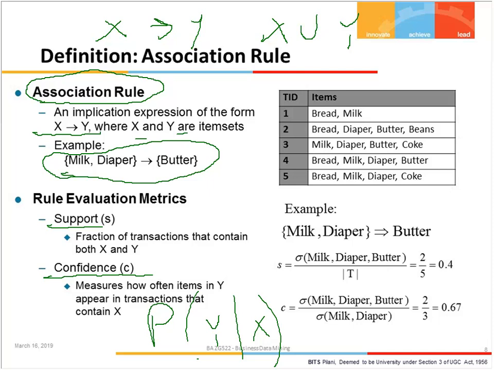Milk and diaper are occurring in 3 transactions: 3, 4, 5. So confidence is 2 by 3, which is 0.67, sometimes written as 67%.